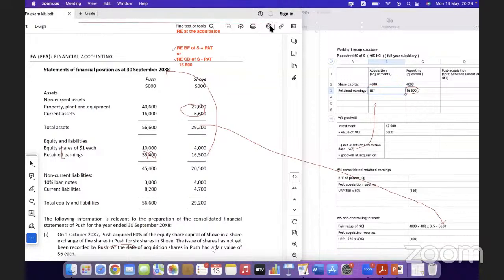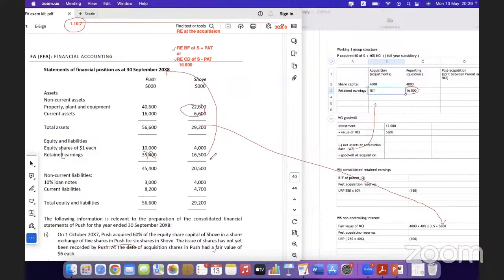Our question is ending on 30th of September 2008. Our question is starting on 1st of October 2007. Now, guys, 1st of October 2007 is the day where the question is starting and the day in which the subsidiary was bought.